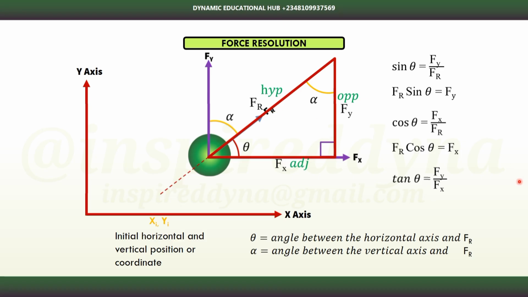Now, using Pythagoras theorem, we know that Fr square, which is the hypotenuse, is equal to Fx square plus Fy square. So making Fr the subject of the formula, Fr will be the square root of Fx square plus Fy square. Now we have derived an expression for this.